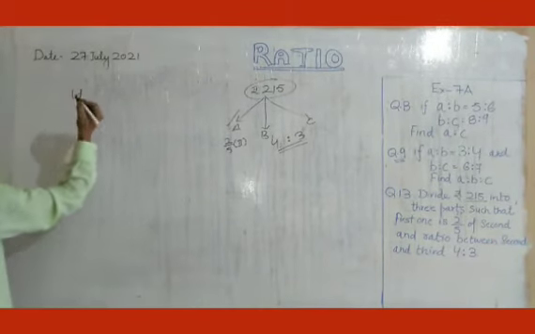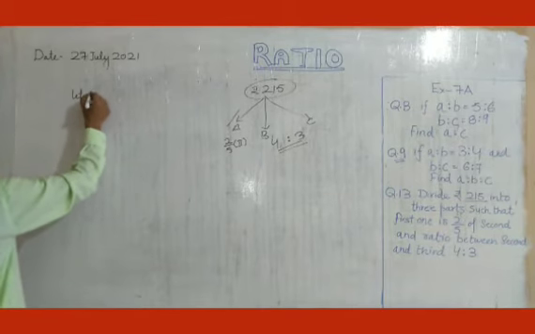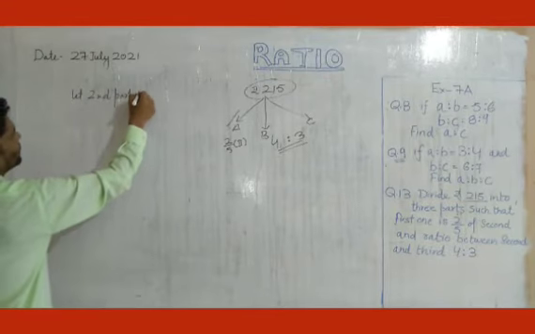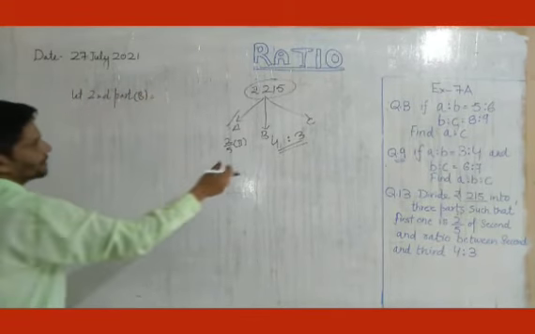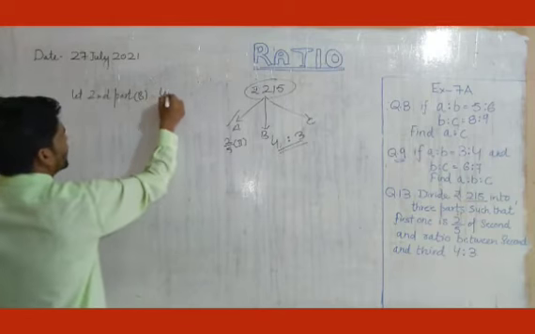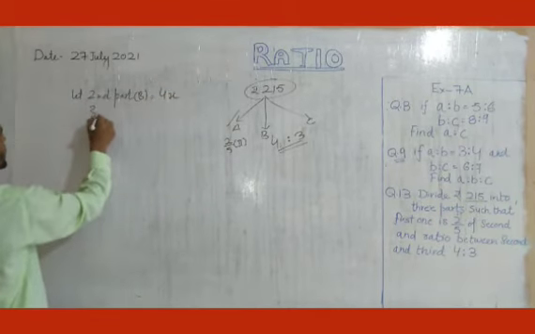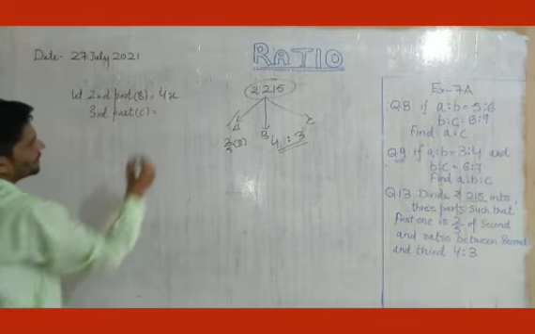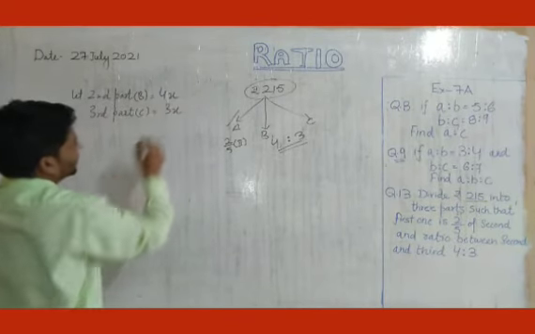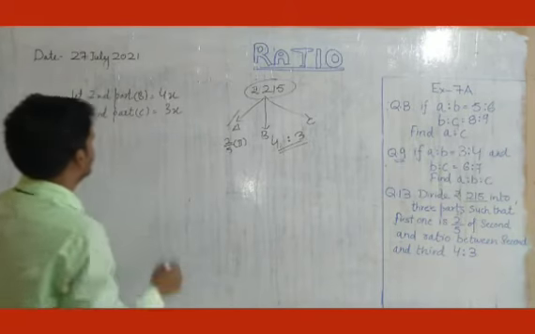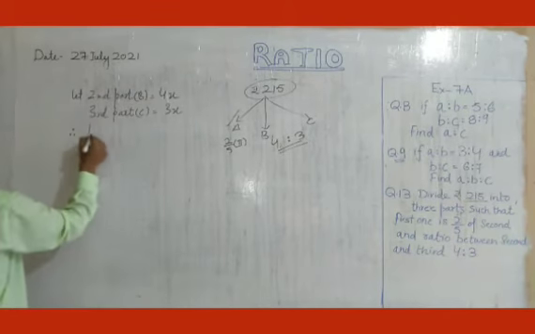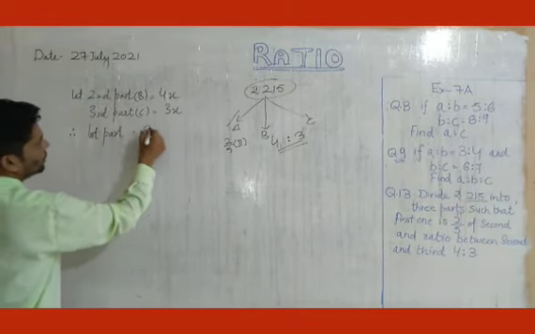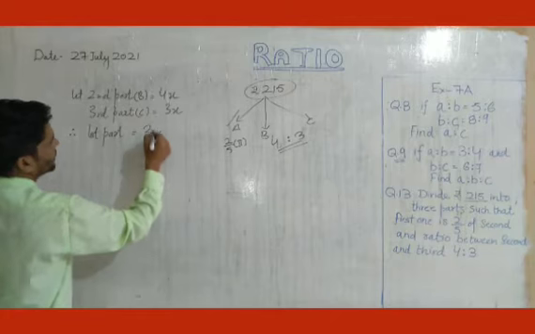Let the second part B be 4x and the third part C be 3x. The first part will be 2/5 of the second.